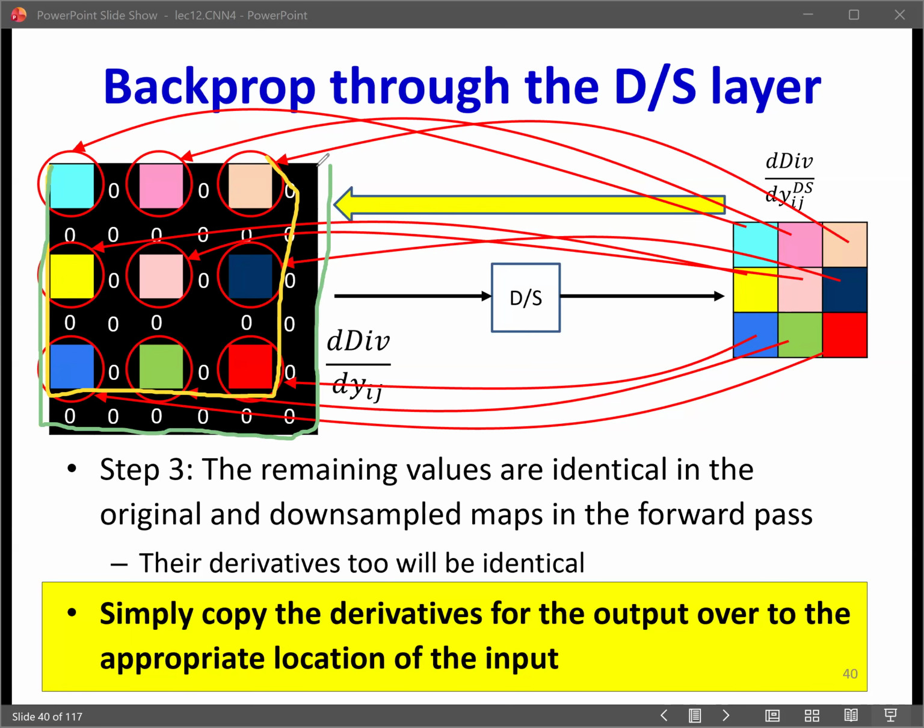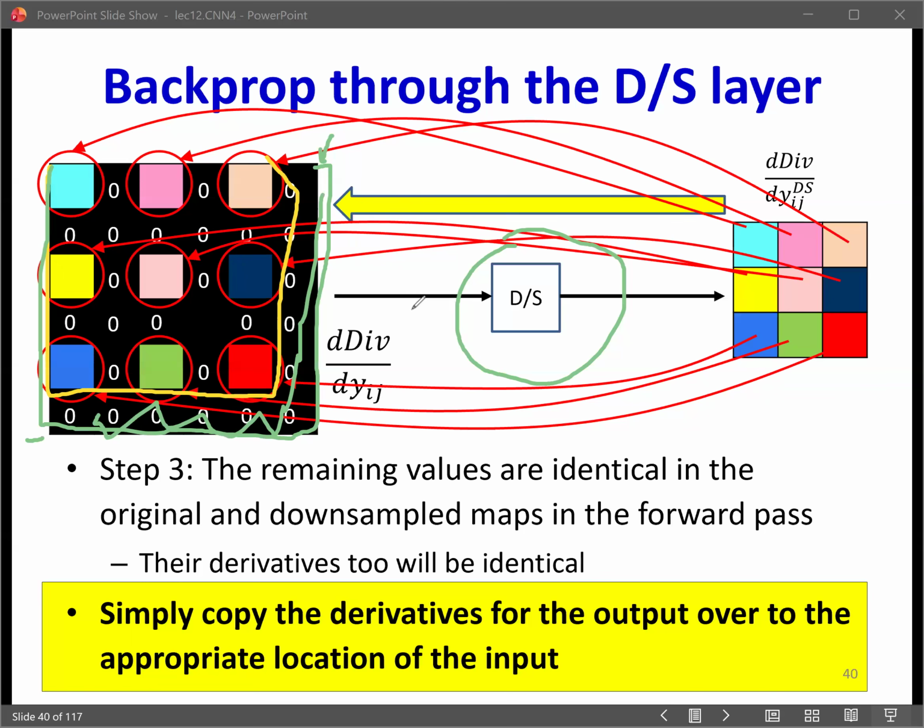Yes or no? Yes. And so there's this fuzziness about the boundary. Other than that, it's exactly an upsampling layer. And this fuzziness about the boundary is resolved by keeping track of the size of the input to the downsampling layer. That's all.